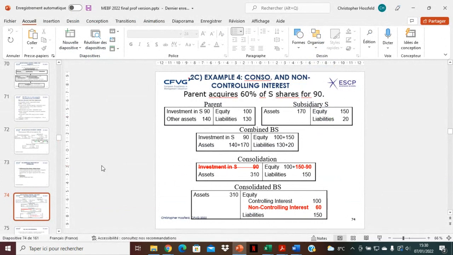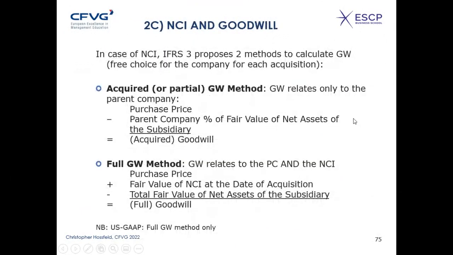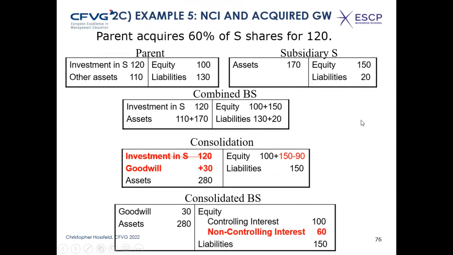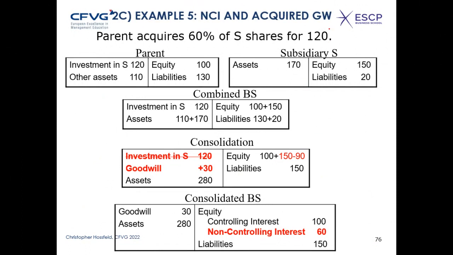Now, when I buy 60% of another company, it's not always done at book value, like in this example. But it's also maybe I buy 60% of a company and I pay once again more than the book value. I don't pay 90, I pay 120. That means it doesn't matter if I buy 60% or 80% or 100%.